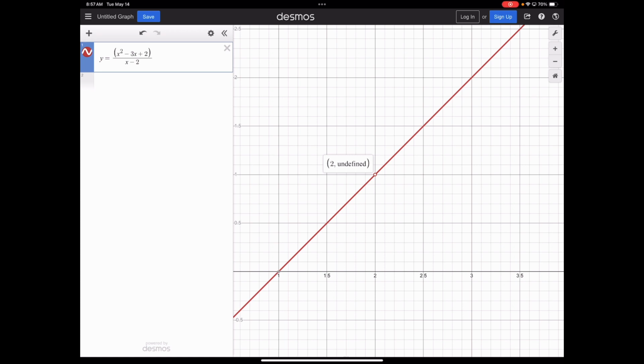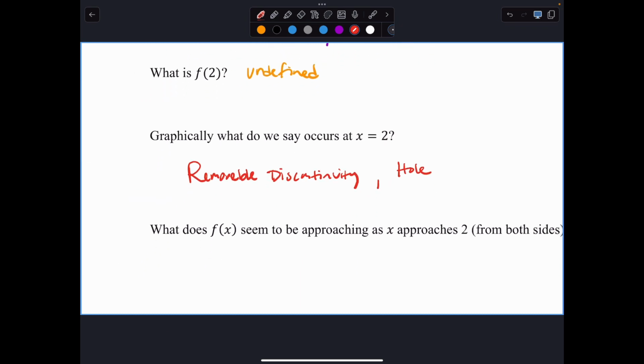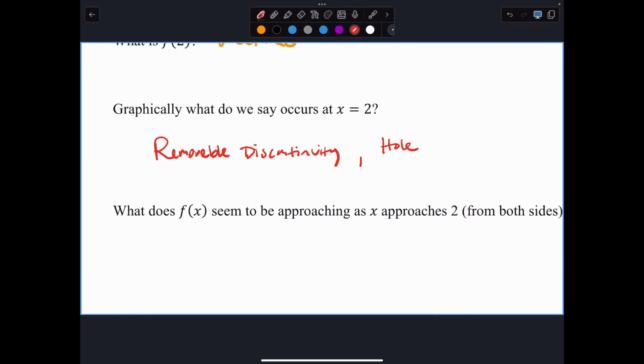At x equals 2, the graph is undefined, but we can clearly see the graph is approaching 1 from the left as x approaches 2, because the function values are getting closer and closer to 1, increasing. And from the right, the function values would be decreasing and approaching 1 from above. So yes, we say that a hole occurs at x equals 2, which is a removable discontinuity.